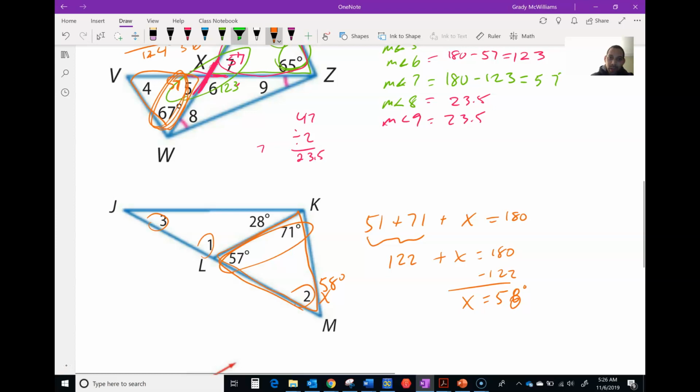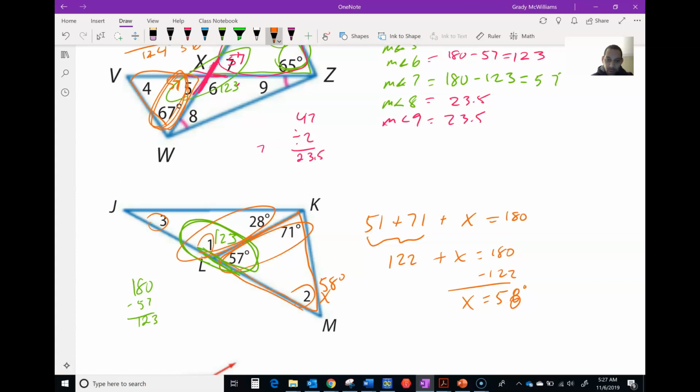You should keep in mind that a linear pair is supplementary. There's a linear pair. So 180 minus 57 would mean 123 right here. Okay, and then these two, here's a different color.